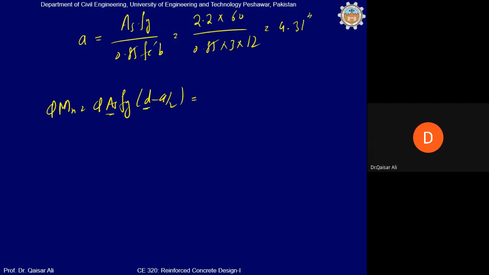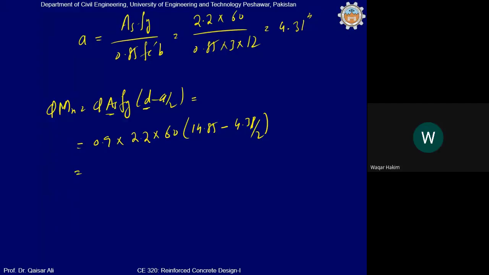So phi is 0.9 multiplied by As is 2.2, Fy is 60, D we have just calculated, it is 14.85, minus A is 4.31 divided by 2. So can you calculate the actual flexure capacity? 1508.166. 1508.1 or 0.2 inch kips.